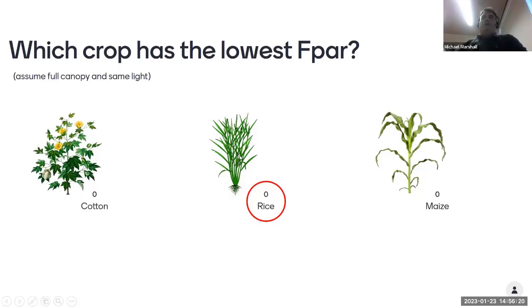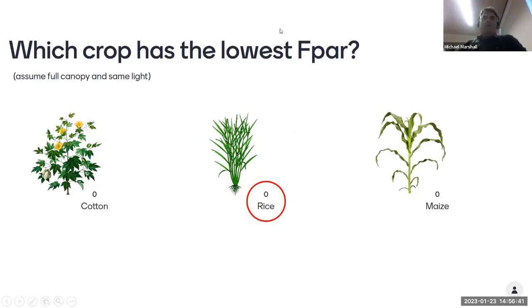Whereas rice is what we call strictly an erectophile, right? So the leaves are very vertically oriented. So a lot of the light passes through the canopy and is not intercepted by the rice, right? So on average, over the growing season, it probably has a lower fPAR than the others.